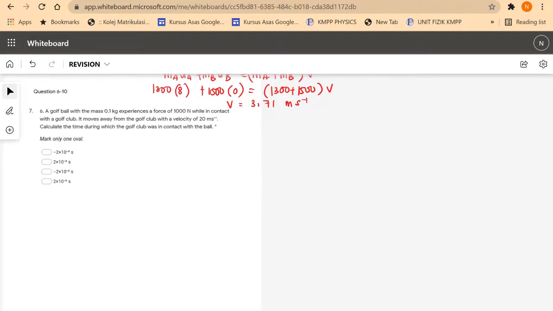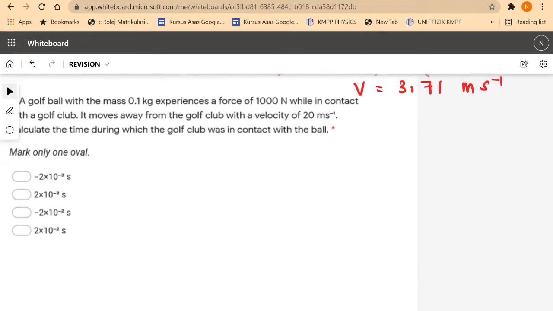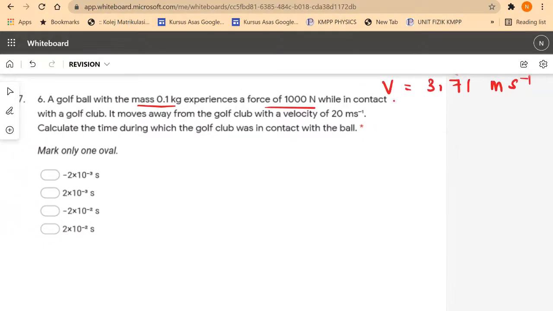Number 6. A golf ball with mass 0.1 kilogram experiences a force of 1000 Newton while in contact with a golf club. It moves away from the golf club with velocity 20 meters per second. Calculate the time during which the golf club was in contact with the ball.